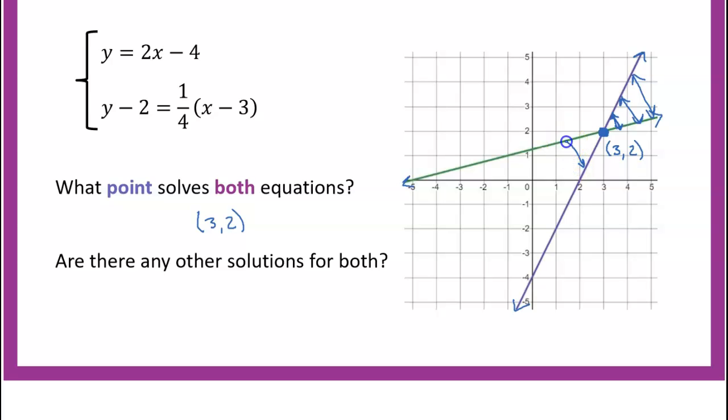Or a simpler way to say that is the lines are getting further apart. The further away we move from the intersection, the further apart the lines are. So since the lines are getting further apart, that means they cannot come back together. They can only get further apart. They can only get a bigger distance between them. So no, they're never going to intersect again. There's no other solution. There's only that one single solution in the entire coordinate plane.